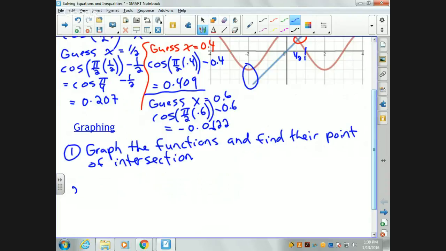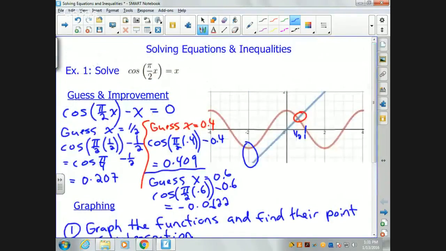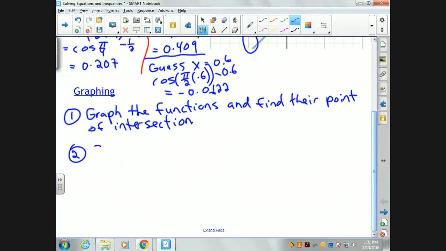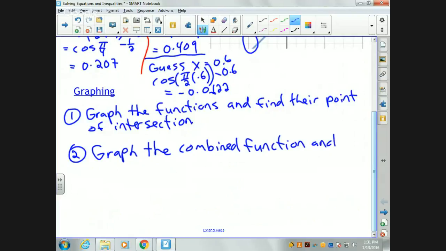The second thing is we could actually graph the combination of the two functions by doing sort of what we did up here. So we can actually graph this function, and instead of finding the intersection point, what are we trying to find? We're trying to find the zero. So that's the second option, is graph the combined function and find the zeros.